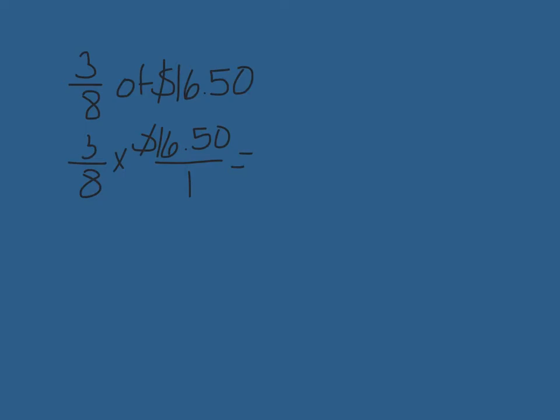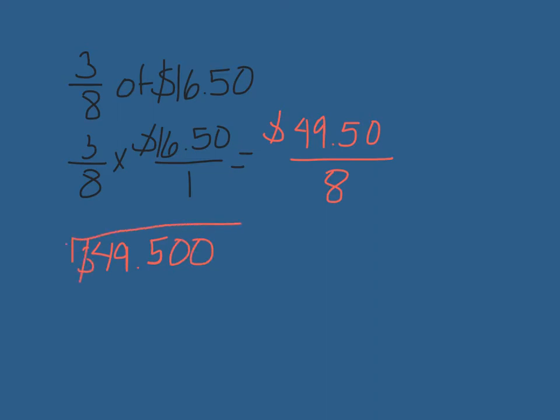So I have 3 times 1650, which equals $49.50. That looked like a 9, over 8, and now I need to divide. So I'm going to do that right here. 49.50, put an extra 0 just in case, my dollar sign, divided by 8.